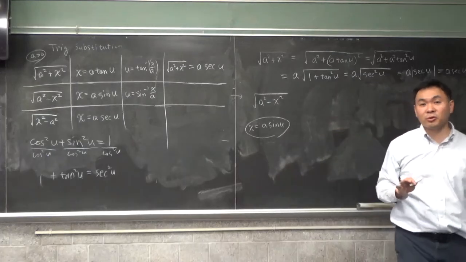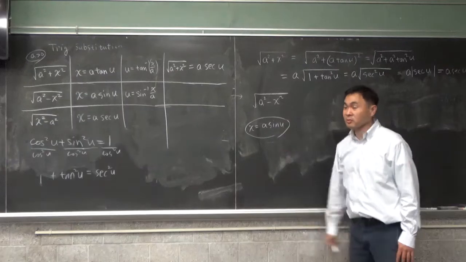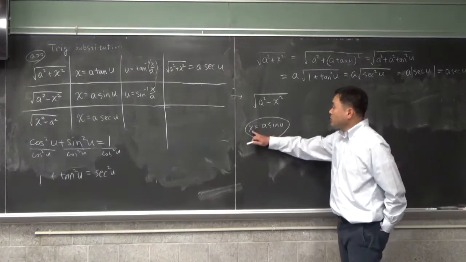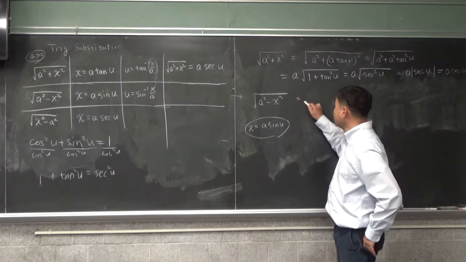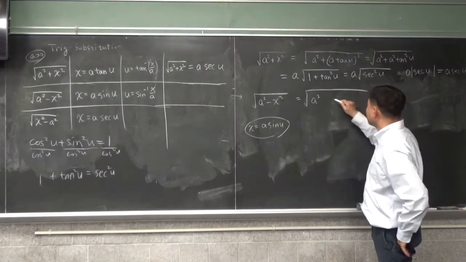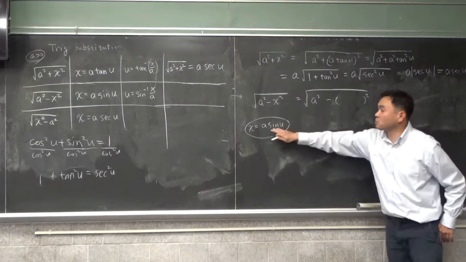And this is important for you to try, so please take time to calculate this. Okay, let's try it. You plug in x equals a sine u into x, which means you replace x by a blank, and in that blank, you're putting this in.